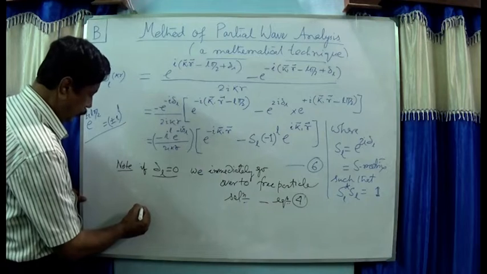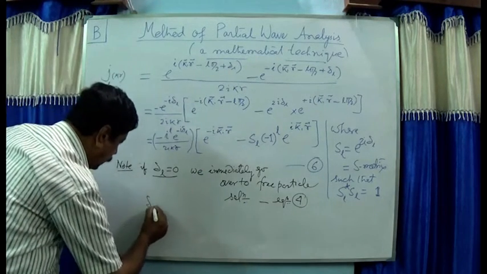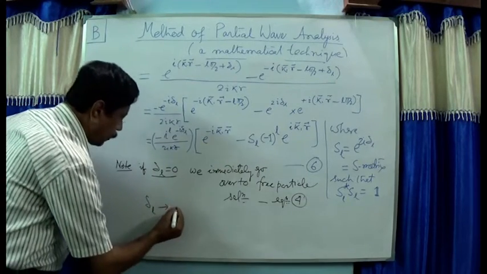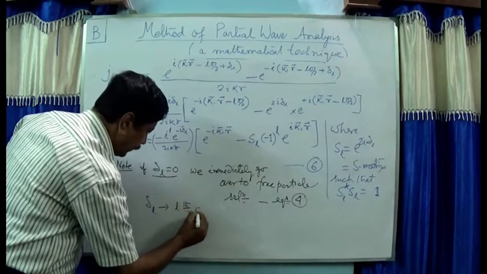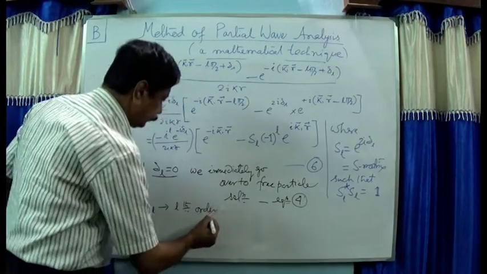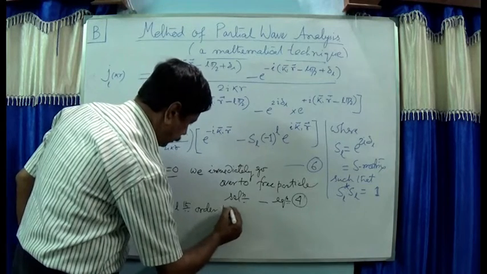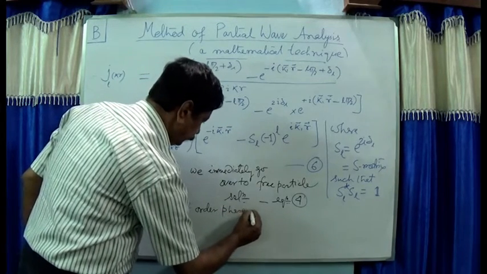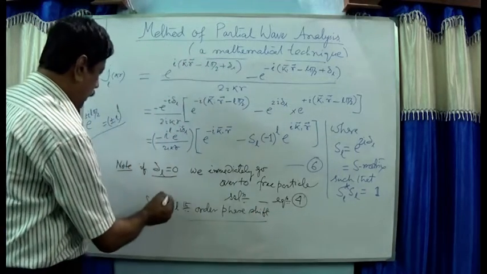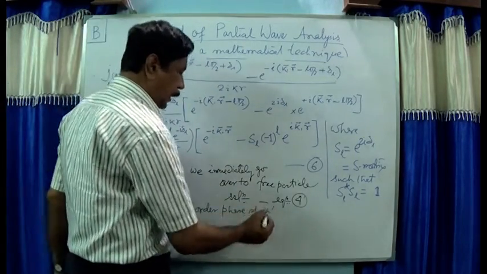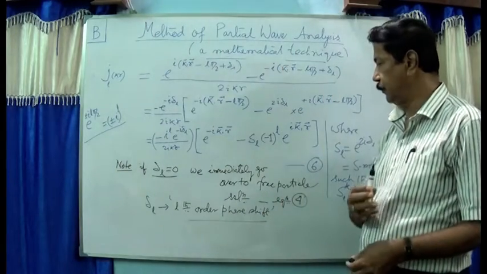Also, you note that this δL is called the nth order phase shift. Delta L is known as nth order phase shift.